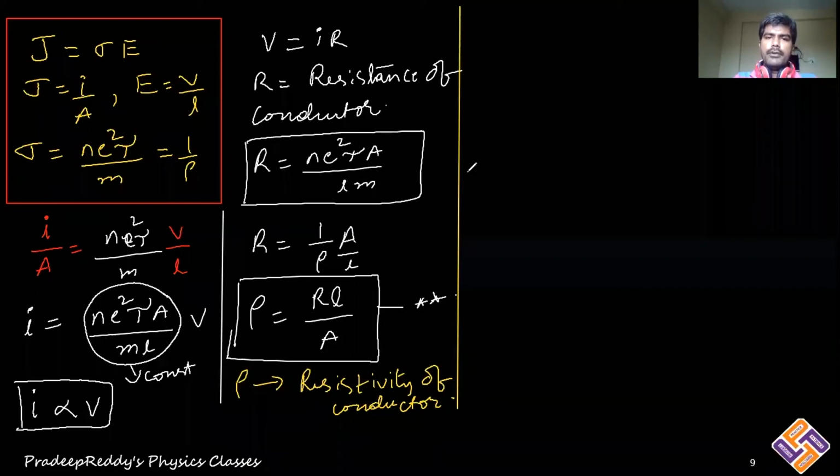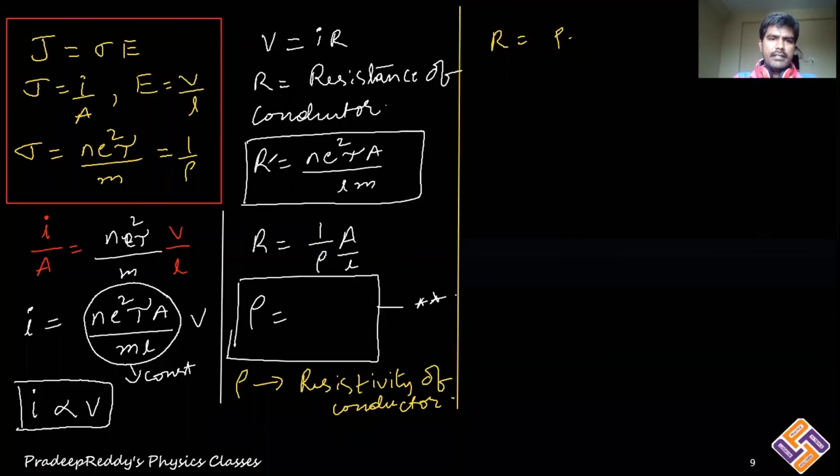So simply you can now write resistance R is equal to rho... wait. Students, small mistake here. We have got R is equal to A divided by rho L. Rho comes over here so that you can write A divided by R L. Right?